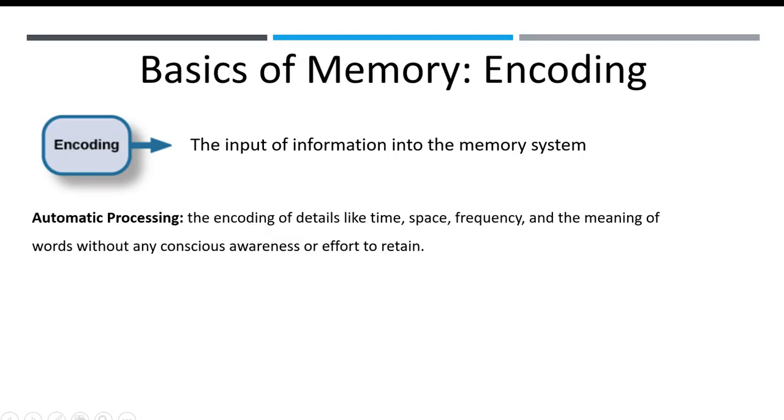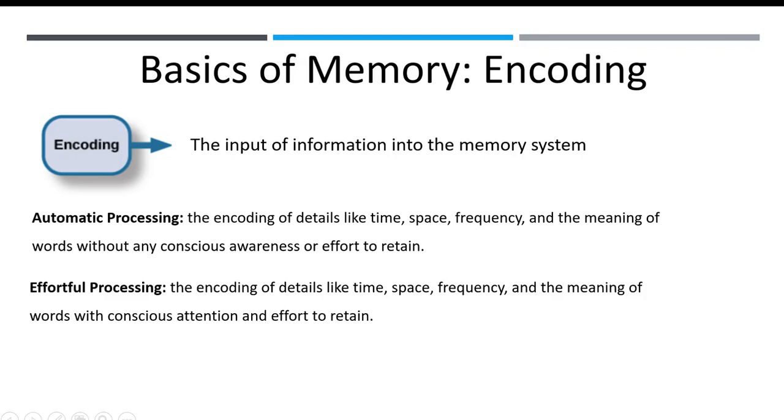Automatic processing is when the encoding of details like time, space, frequency, and the meaning of words occurs without any conscious awareness or effort to retain that information. Whereas effortful processing is when the encoding of those details occurs with conscious attention and with our effort to retain.